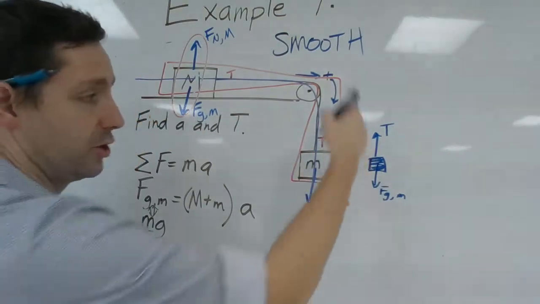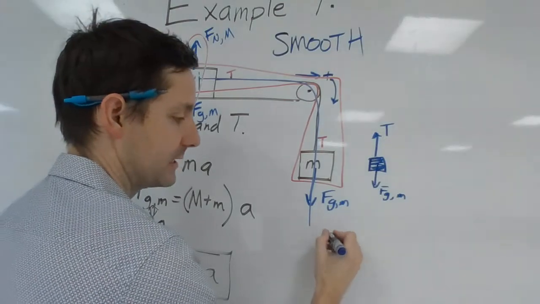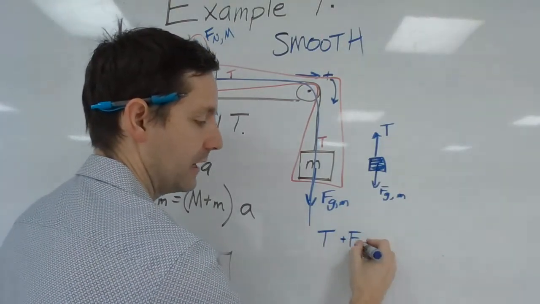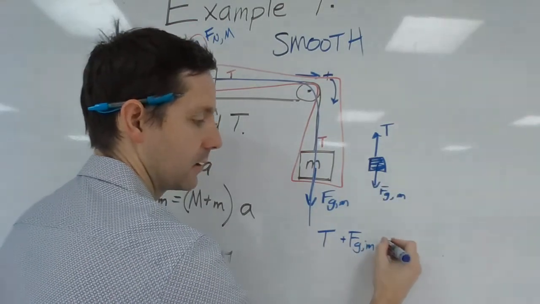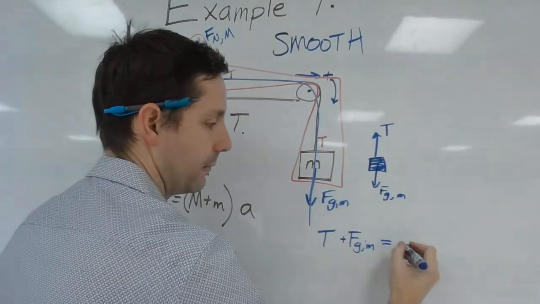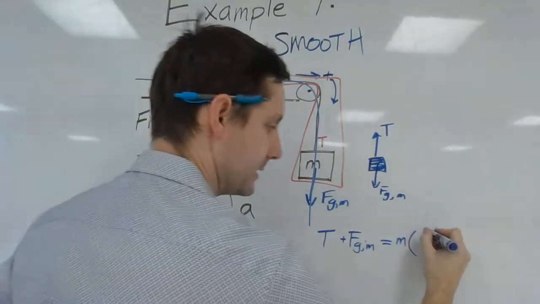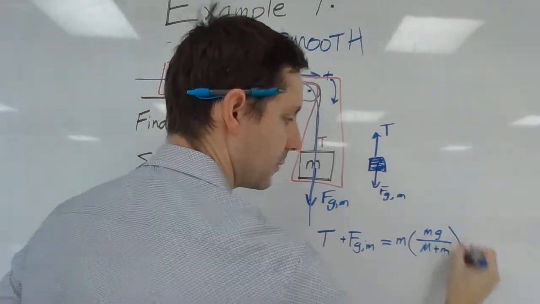And so we can do a sum of the forces on that. And so sum of the forces is tension up plus the force of gravity on the small mass, and that should equal the mass times the acceleration, which was mg over M plus small m.